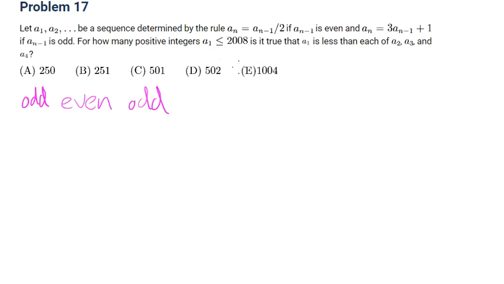There can be consecutive evens though, but not consecutive odds. Now, let's see. Odd, even, odd. Now this means this is A1. A1 is odd.